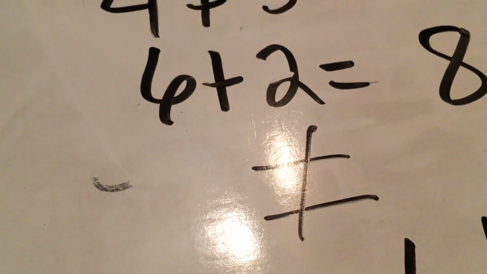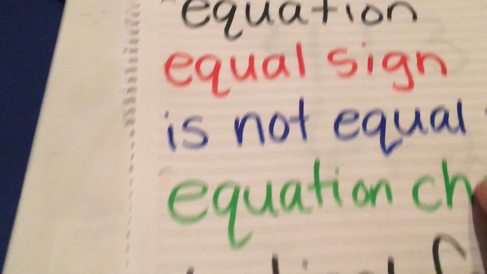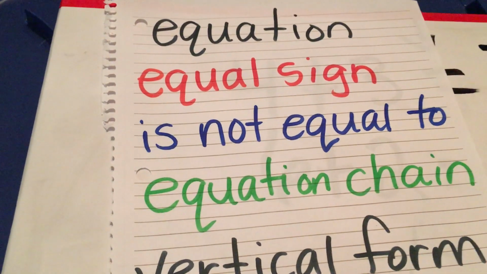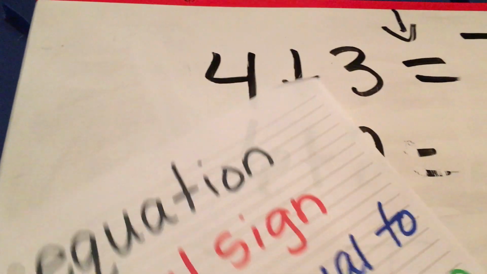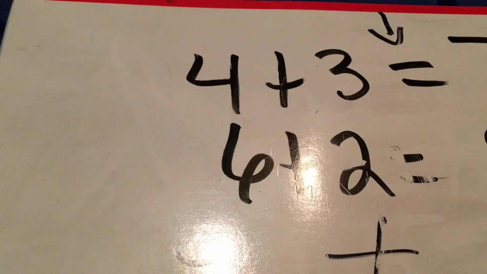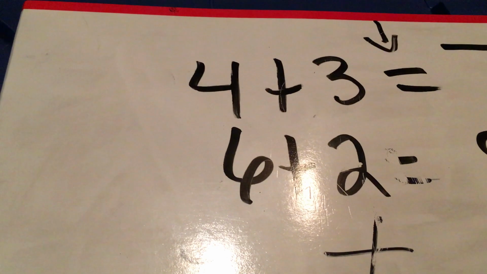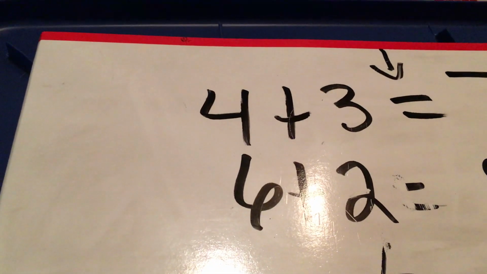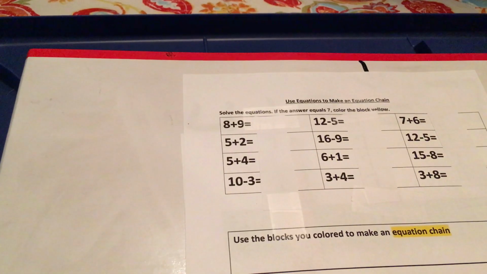Alright, so our next vocabulary word, which is in green, is equation chain. Alright, so we're going to figure out what that means. To do that, we are going to look at some equations, because in order to make an equation chain, you must first do some equations.